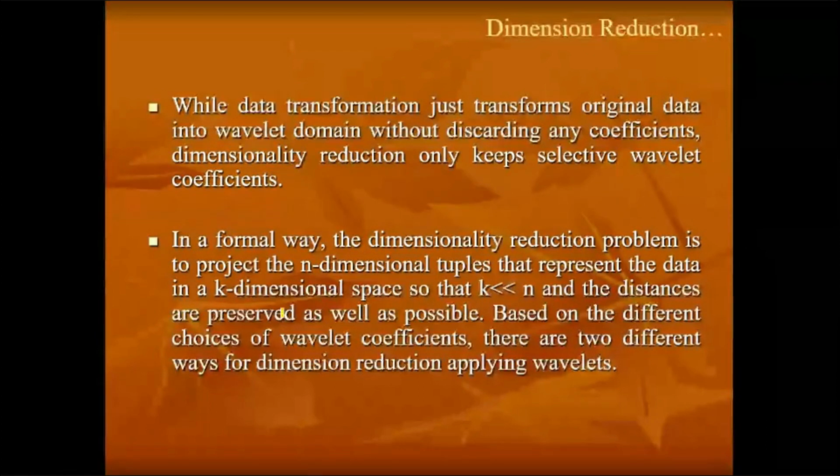So based on the different choices of wavelet coefficients, meaning which coefficients are the best, that was the challenge: how can we choose the best coefficients. When we are plotting different types of graphs, then we have to choose which one is the best.